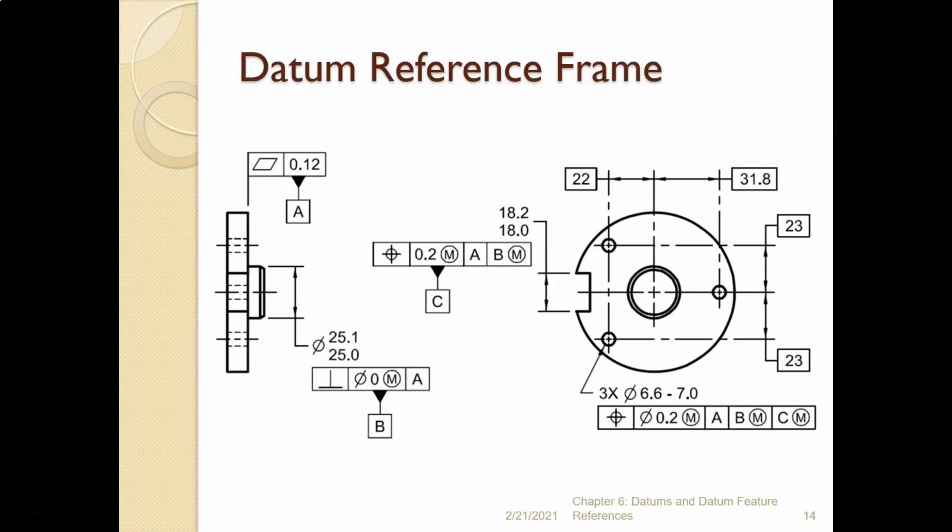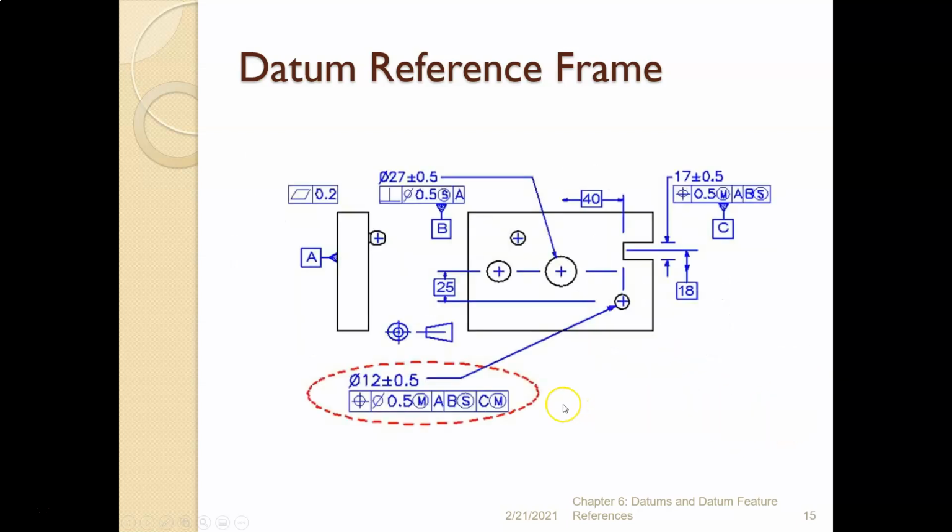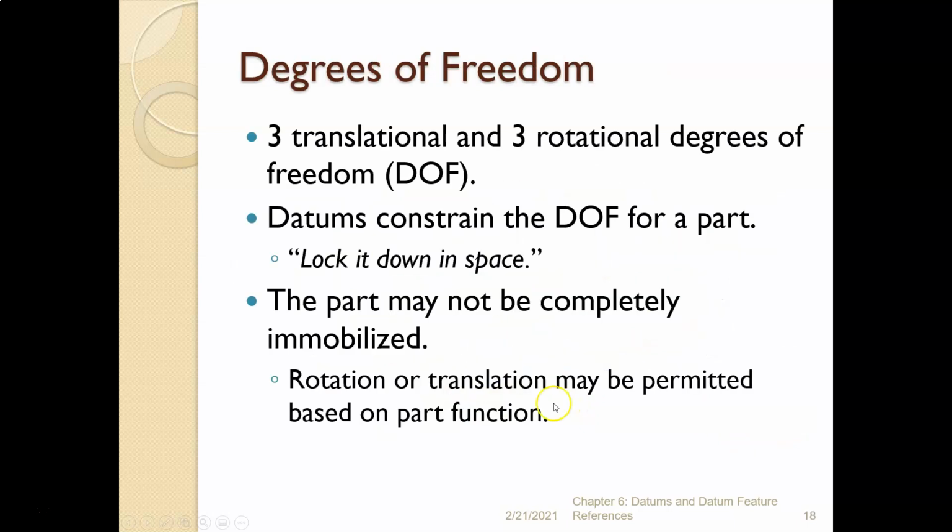What degree of freedom is that? Well, it's going to be able to rotate. Now, why would we allow it to rotate like that as it's resting on A and it's aligned with B? Well, because that's the part function. The part function is allowed to rotate.